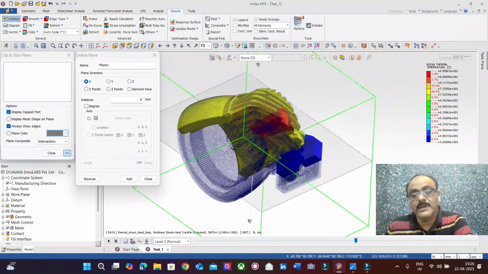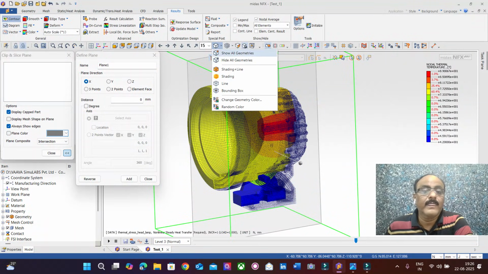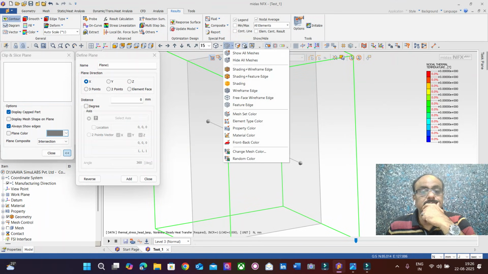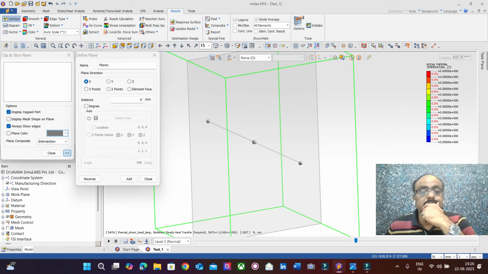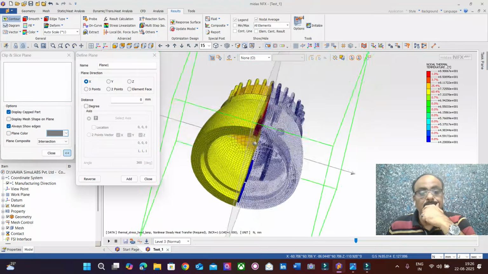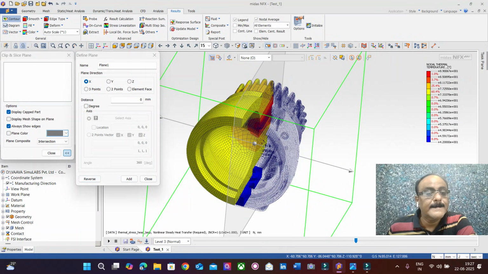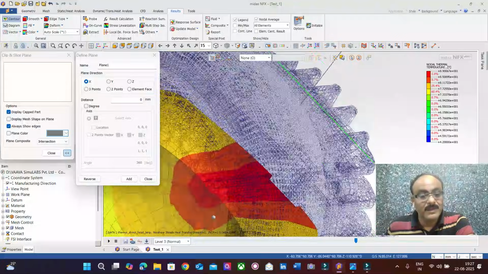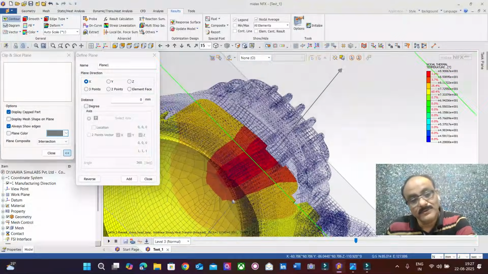Okay, so here we are able to find out how the temperature variation is going to occur.